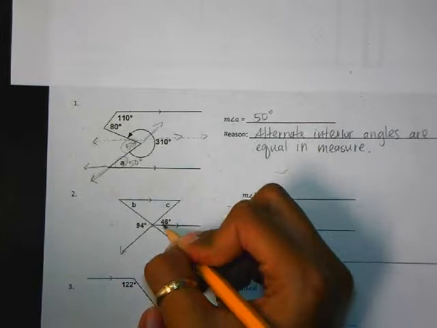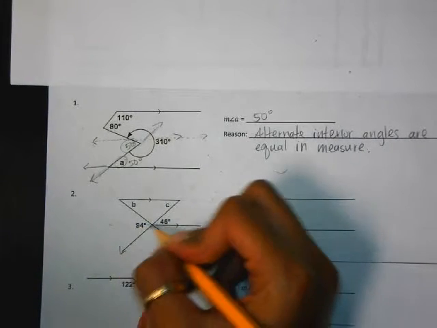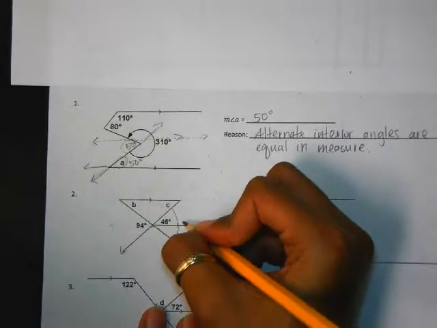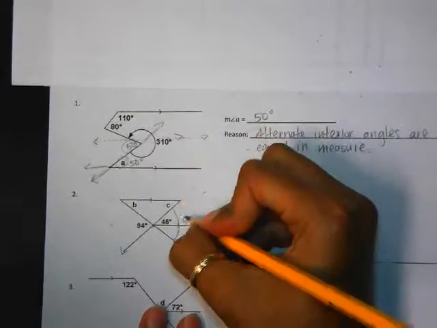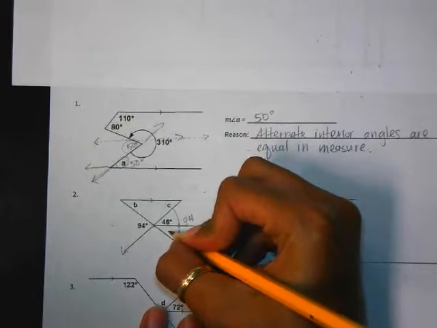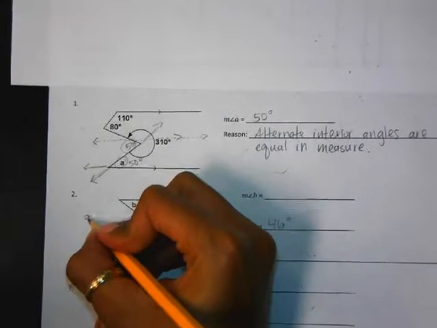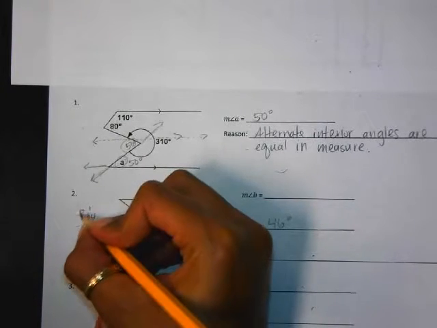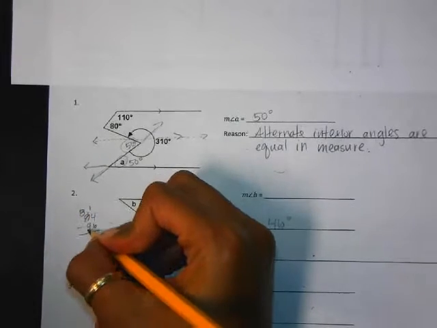So since we know that vertical angles are congruent, if this is 94, this side over here too must be equal to 94 degrees. Now, if you notice, they're already giving us 46 degrees right here. So this plus this must equal 94 degrees. So 94 minus 46, 14 minus 6 is going to be 8. 8 minus 4 is going to be 4. So this right here must be 48 degrees.